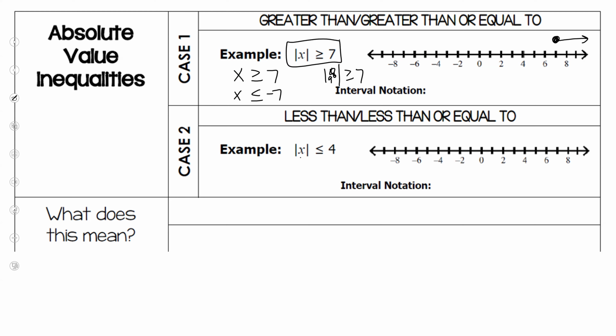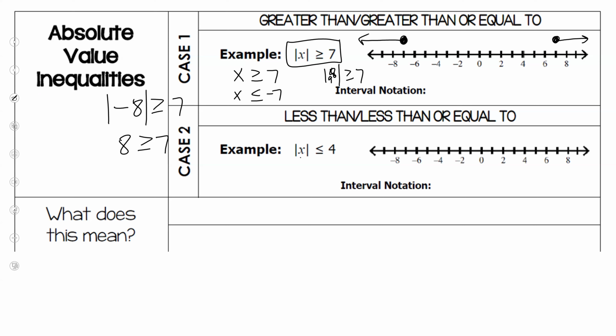Does that part make sense? Okay, now let's look at the other part. What if I put absolute value of negative 8? Is that greater than or equal to 7? What's the absolute value of negative 8? 8. And that's greater than or equal to 7. So guys, that means the numbers on the left side of negative 7 also work.